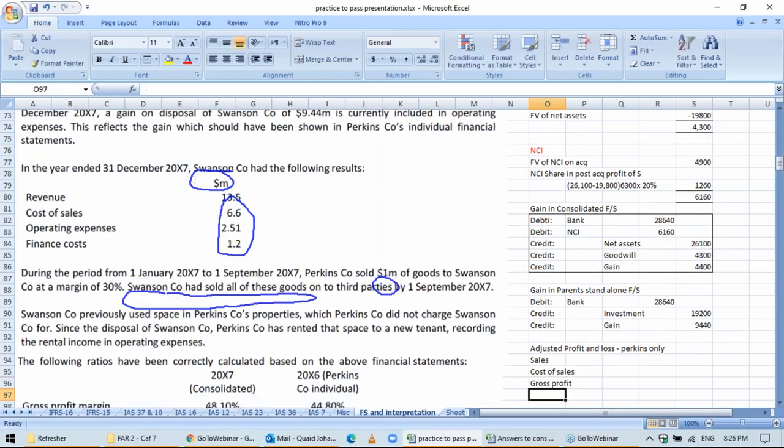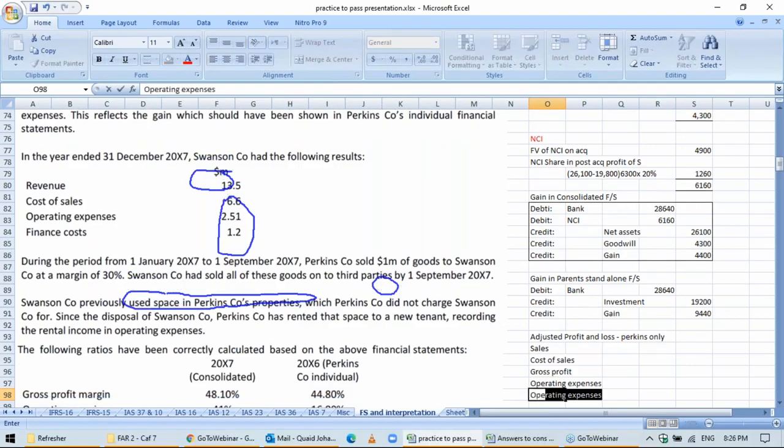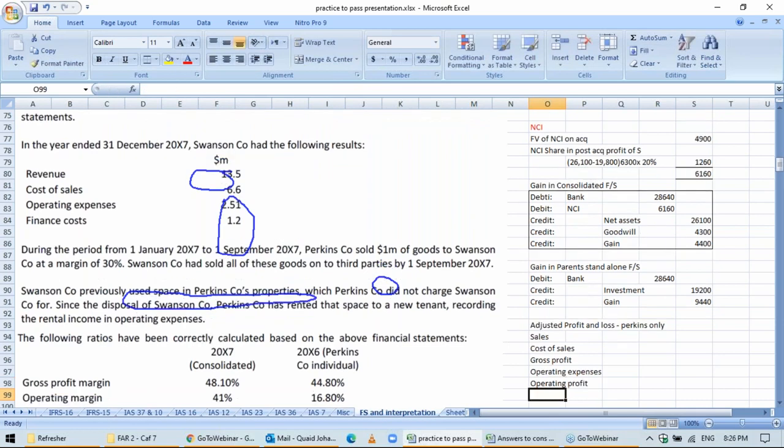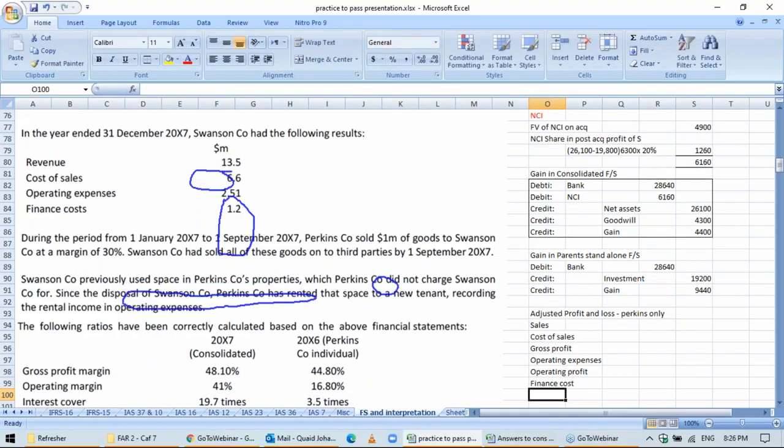And then we'll be having operating expenses. And then operating profit. And then finance cost. And then net profit, or profit before tax, right? So let's make the adjustment, students.